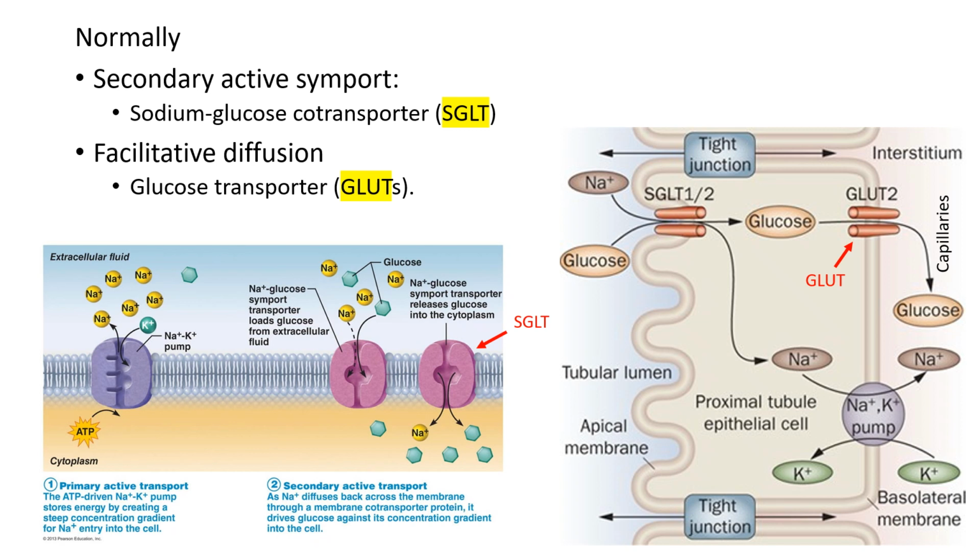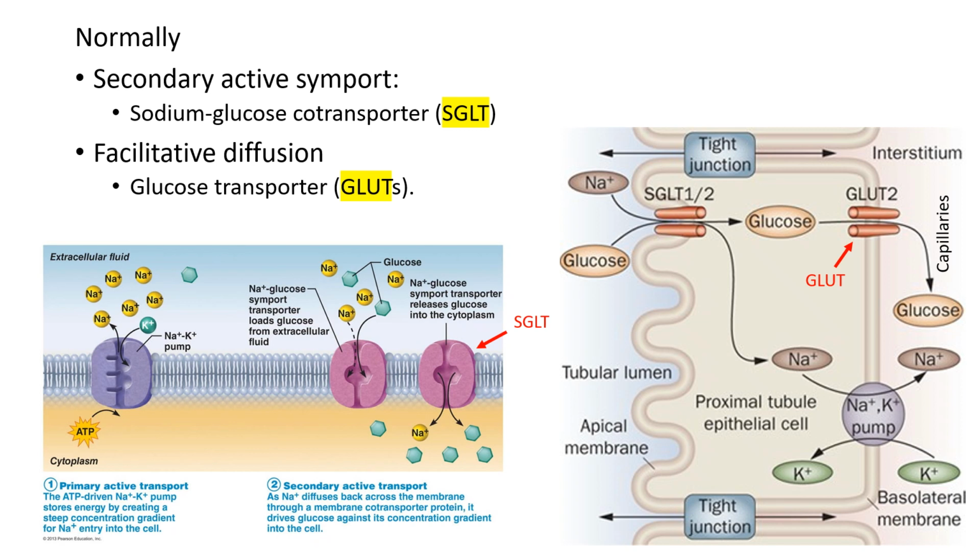Normally, two transporters are going to move glucose into the cell. One type is the SGLT, which stands for sodium glucose cotransporter. Like I mentioned before, it involves a sodium-potassium pump. Sodium is going to be pumped outside of the cell membrane to an area of higher concentration.